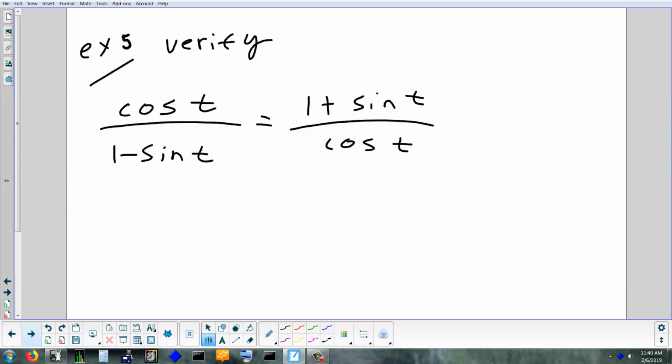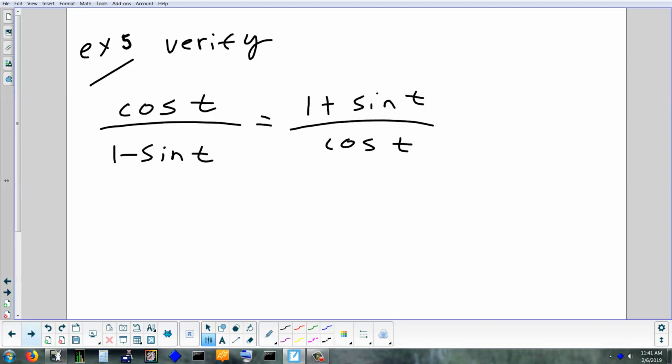Now, when you do verify, I said to start with the side that looks more complicated. Is there a side here that looks more complicated? Not really. They both kind of look the same. They both are fractions. They both have a cosine function either in the top or the bottom. They both have a 1 plus something and a 1 minus something. They're almost like mirror images. So it doesn't matter which side you start with.